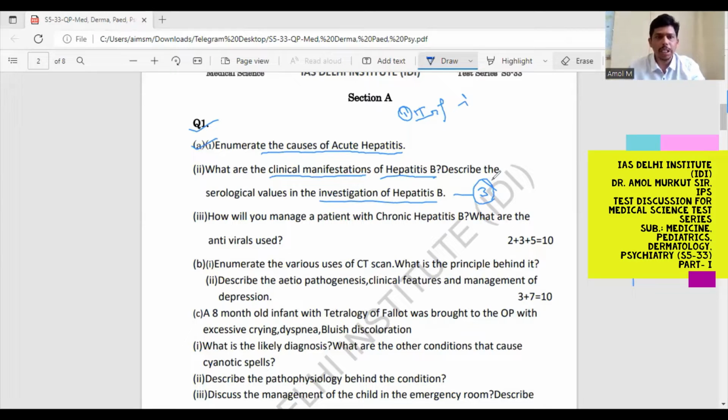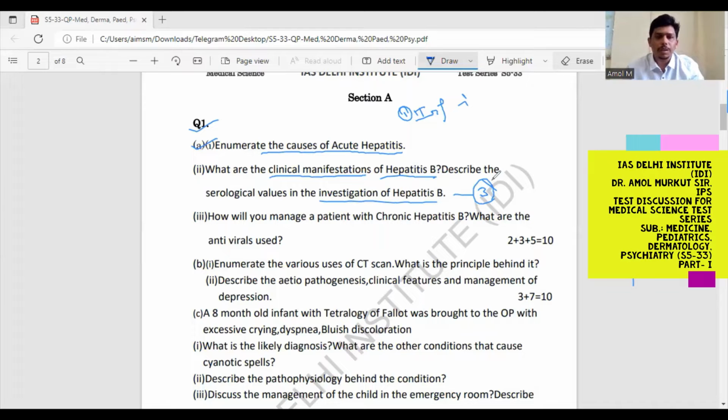Anti-HBs, anti-HBe, anti-HBc, the antibody against the core antigen. Sorry, HBV DNA is not an antibody. So these are the main antibodies. You have to write up according to that. These are the antigens and these are the antibodies responsible for the investigation of hepatitis B.